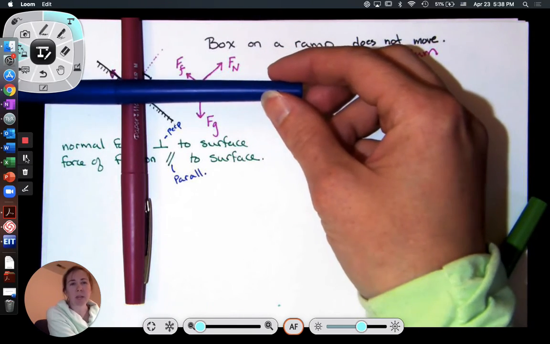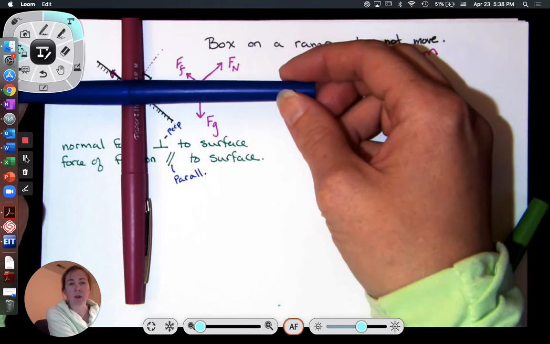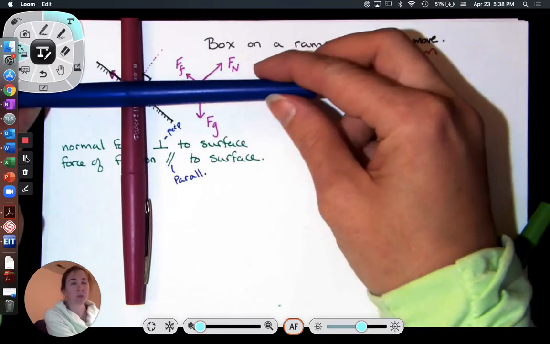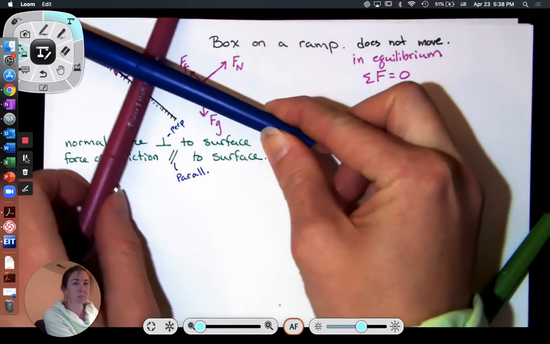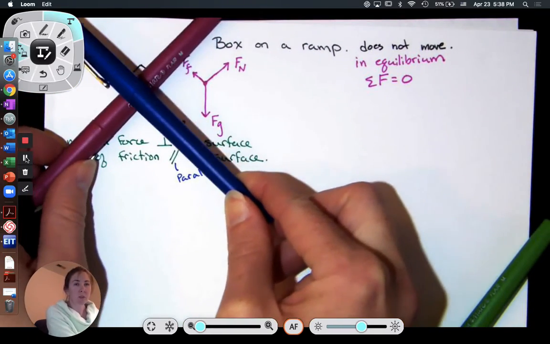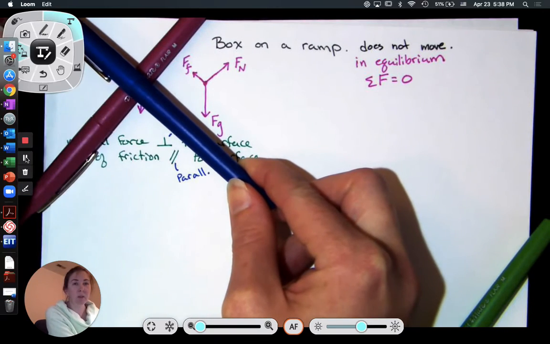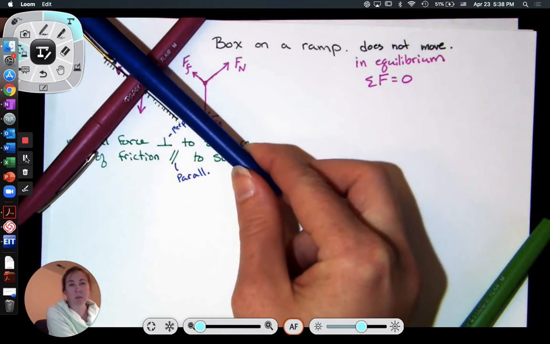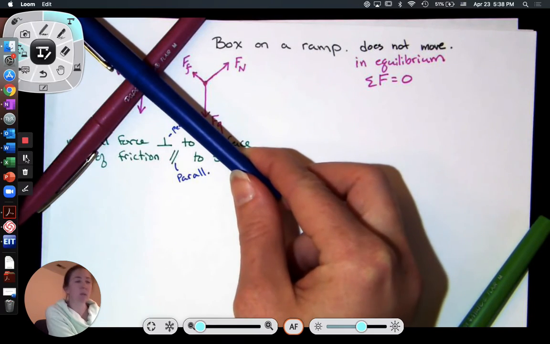That's going to make things complicated later on. When we deal with boxes on ramps, we're going to rotate our coordinate system so that one of the axes is parallel to the ramp and the other axis is perpendicular to the ramp. And then that'll make things a whole lot easier.